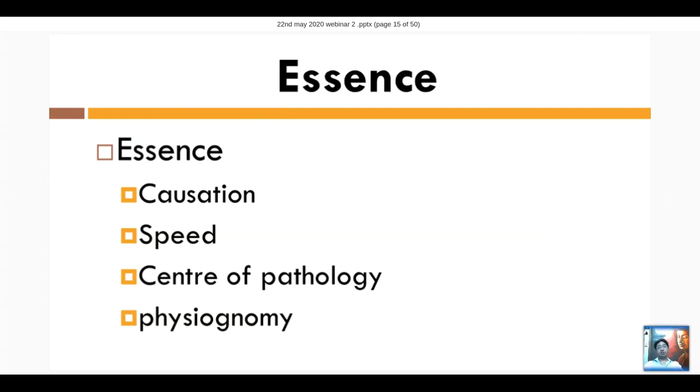Next is physiognomy. This we all know. Flatness of the body structure is a feature, or we can say the essence, of sepia. The thin, emaciated neck is an essence of natrum muriaticum. Tall persons who grow fast are the essence of phosphorus. So if we understand this together, we can know what essence means, what Vithoulkas means by essence.